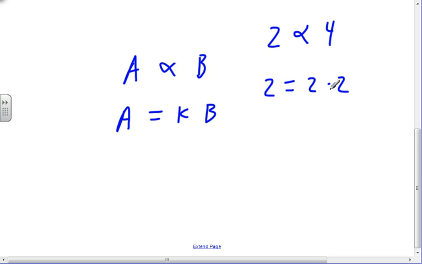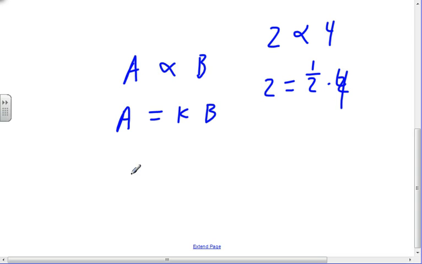Constant of proportionality times B. Yeah, so that's something that goes all the way back to algebra 1. Things are directly proportional, things are inversely proportional. What would you do if it's inversely proportional?